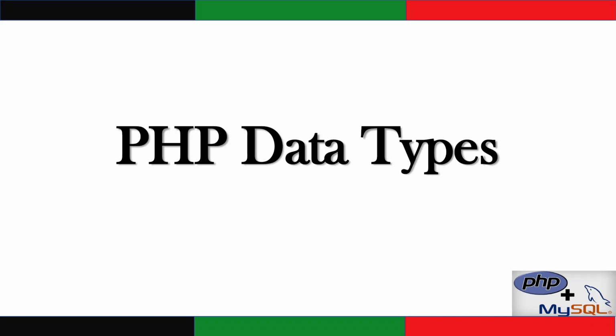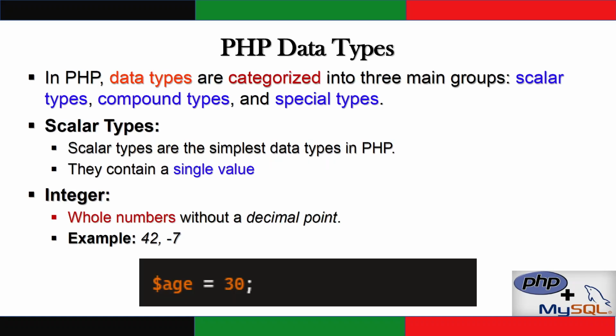Right, let's run through data types real quick, and we shall go ahead and try to use them practically. As I've mentioned, in PHP we have about 7 different data types, and they are grouped in a certain order or in a certain category.